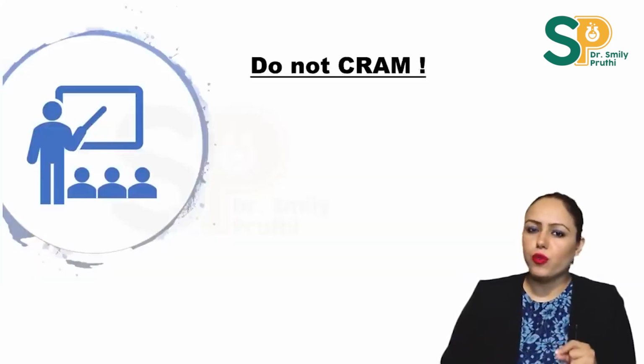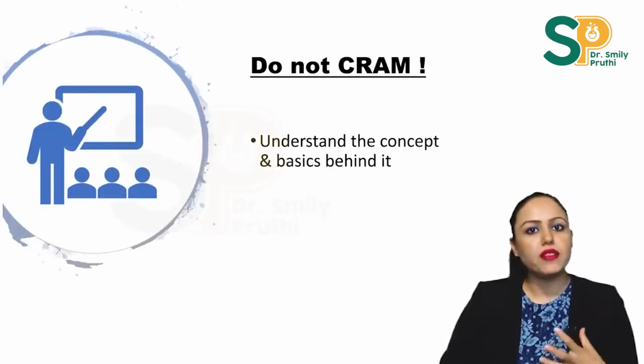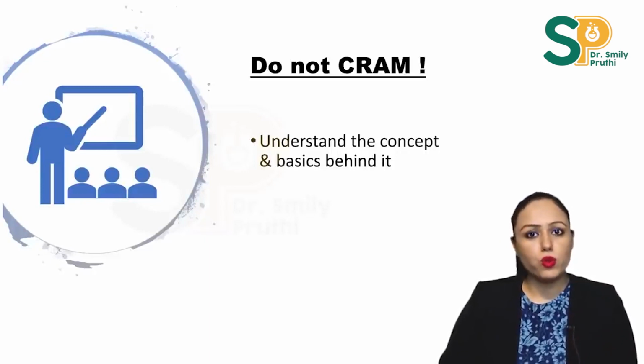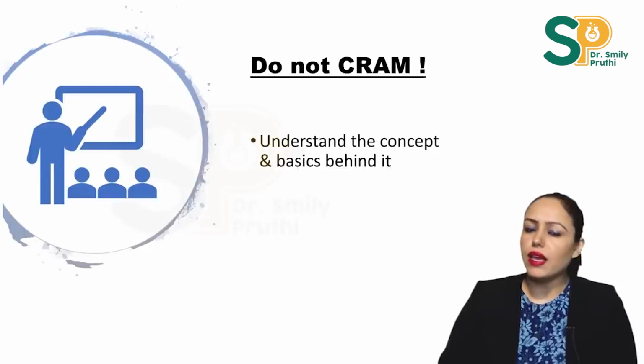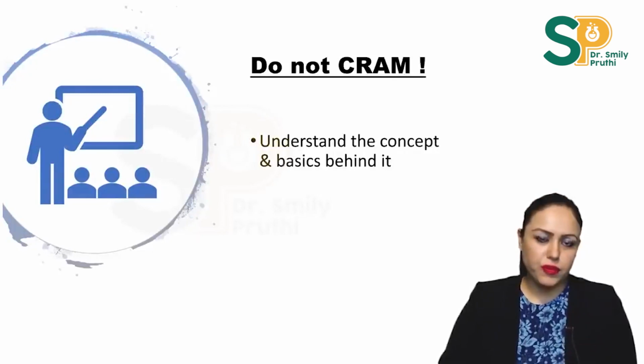My first and foremost point is that you should not cram, and you should go with the concepts and the basics behind it. For example, we say that glycogen is stored mainly in the liver for blood glucose maintenance. But why does this happen? You should ask a why behind each and everything.